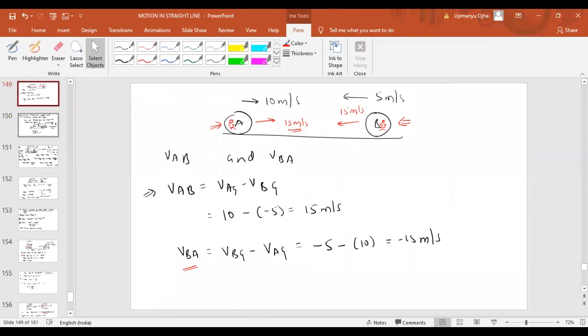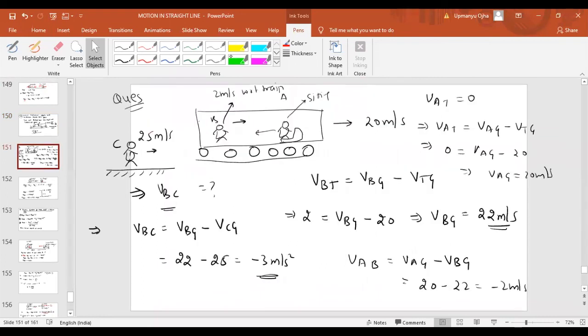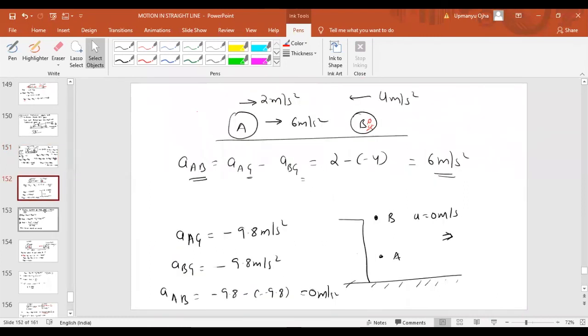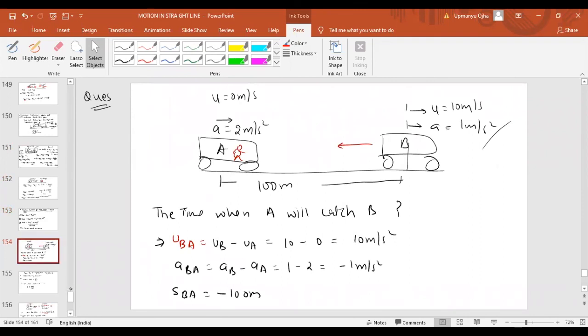First slide, second, third, fourth, fifth, sixth, seventh.